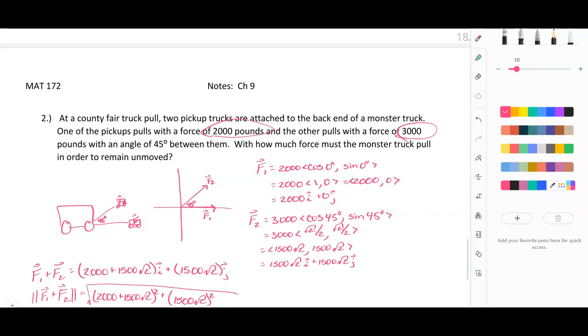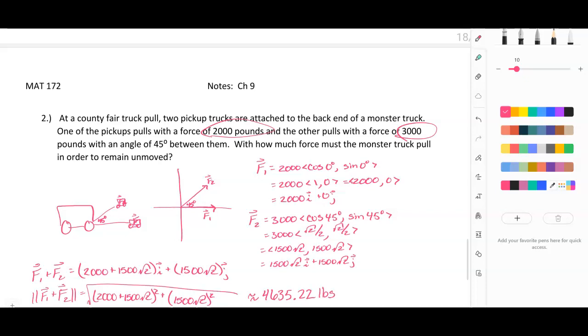So I've got 2,000 plus 1,500 square root of 2, and I'm squaring that number, plus parentheses 1,500 square root of 2, and then squaring that. And then the square root of that is going to be my force. So 4635.22 is what I got. And force is measured in pounds.